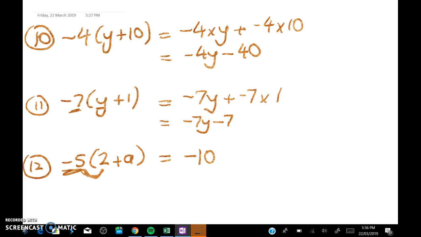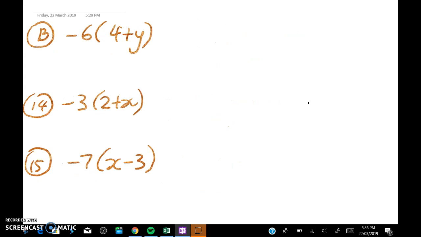And then I've got negative 5 times a. So we have plus negative 5a, but we're adding a negative number. So we get negative 10 minus 5a. 3 more. The first one is negative 6 times 4, negative 24.